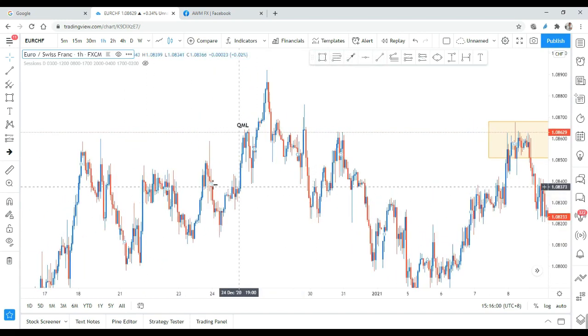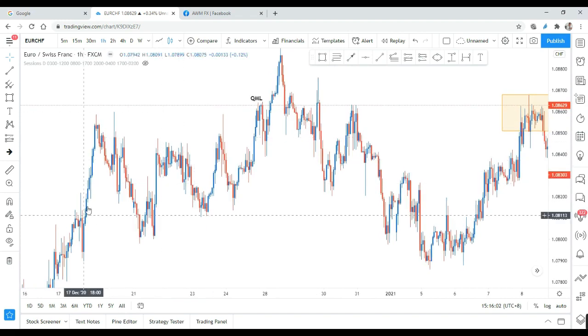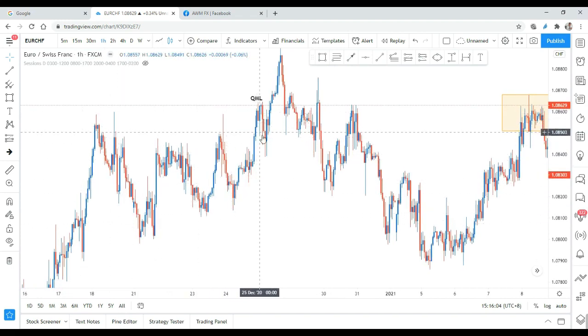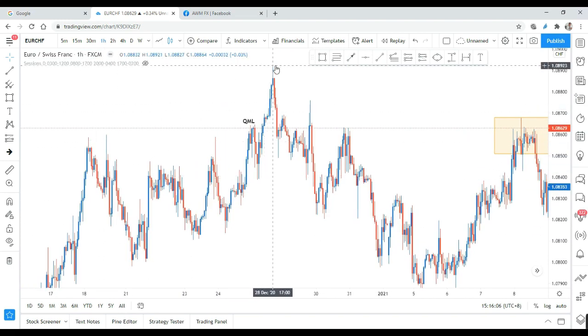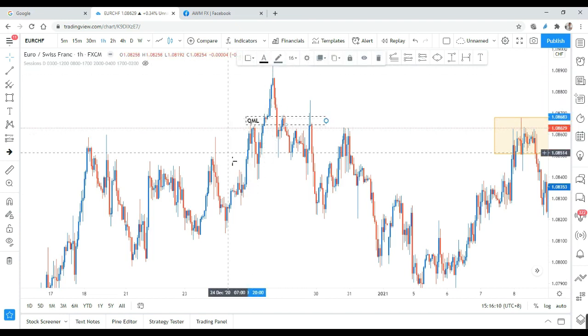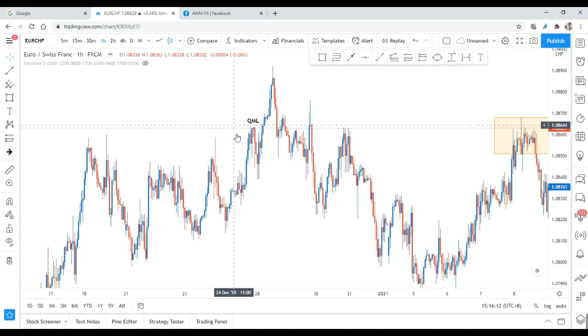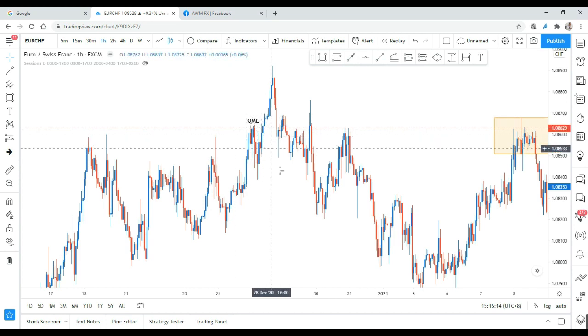The price is making a higher low, and then the ultimate high is over here. So the QML is at this point. Right, so this is the first mistake.